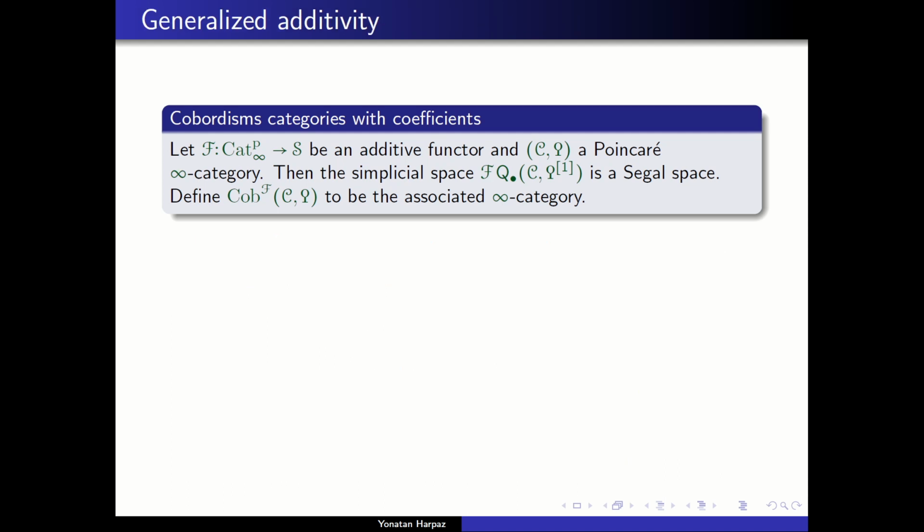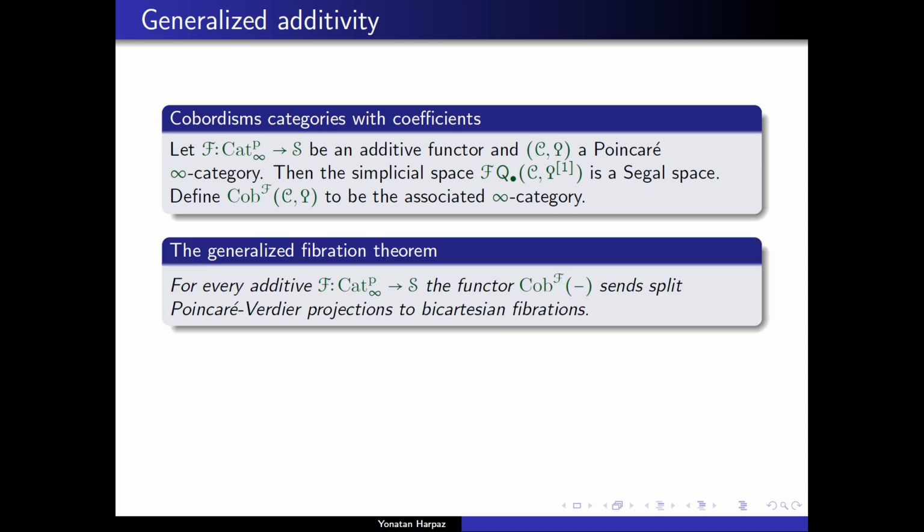And we can prove a generalized fibration theorem in the context of these cobordism categories with coefficients. This generalized fibration theorem says that for every additive functor f from cat P to spaces, the functor that sends a Poincaré infinity category to the f-based cobordism category sends split Poincaré-Verdier projections to bicartesian fibrations of Segal spaces.